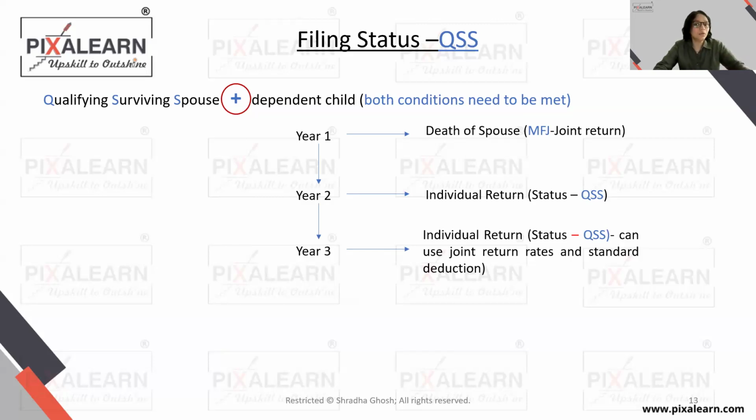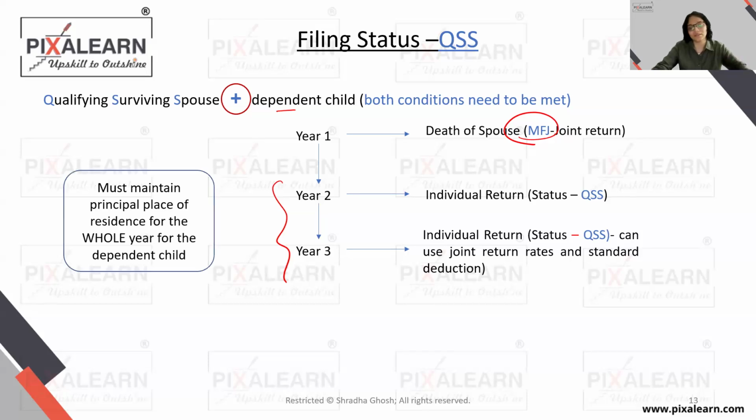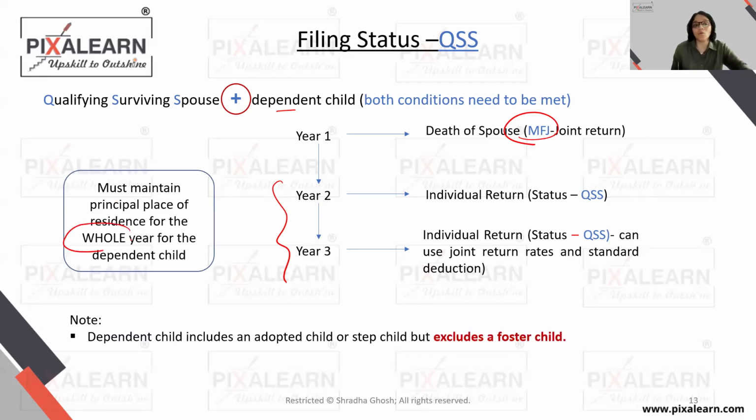In the year of death, you file as married filing jointly. But for 2 years thereafter, if you have a qualifying child, here the definition of a qualifying child becomes important. If you have a child whom you're supporting for the whole last year, in that case you can file in this status. So remember, it has to be for the whole year.